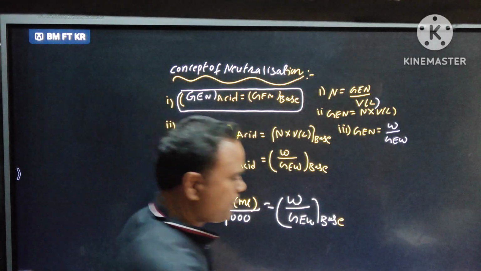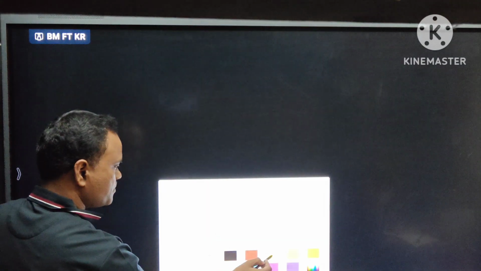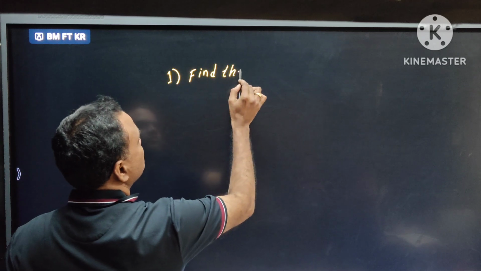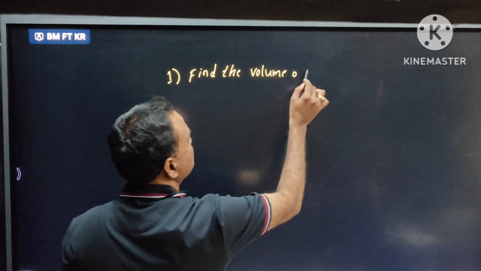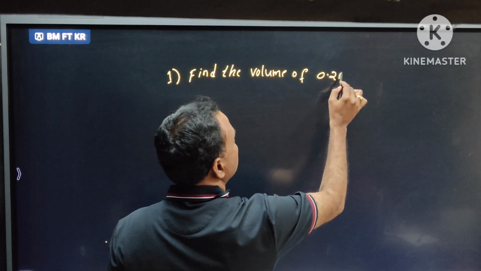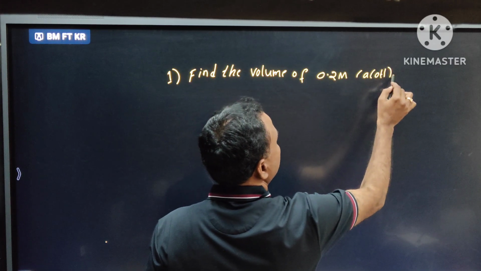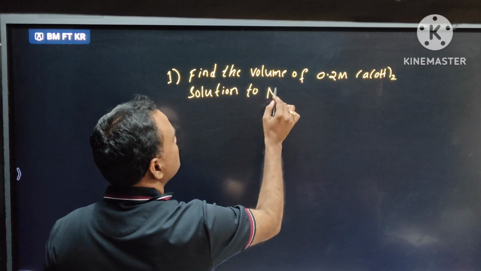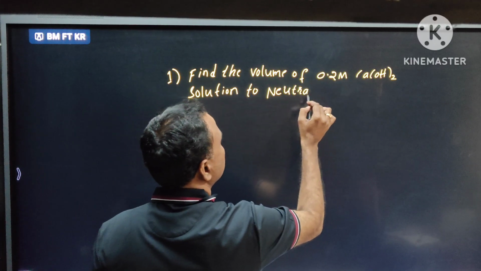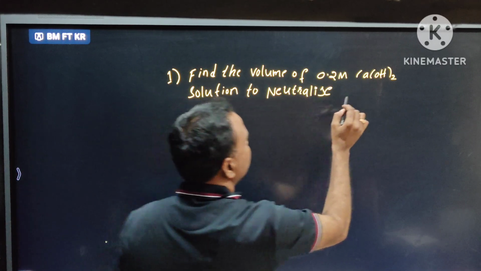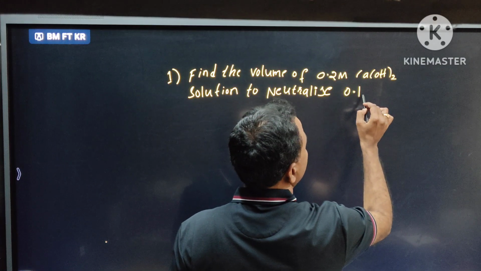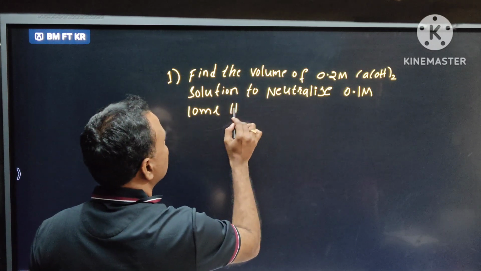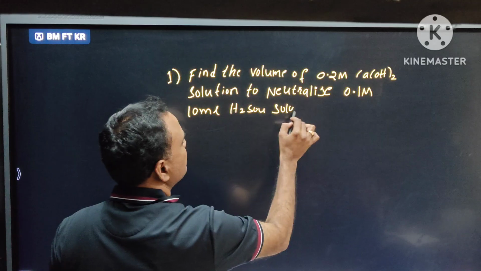Let us do one question. Find the volume of 0.2 molar calcium hydroxide solution to neutralize 0.1 molar, 10 ml H2SO4 solution.